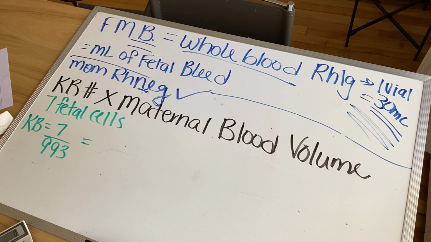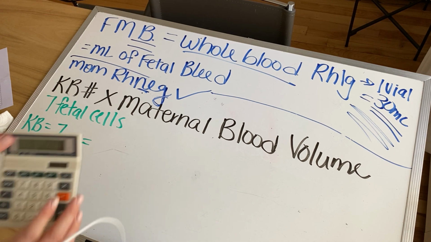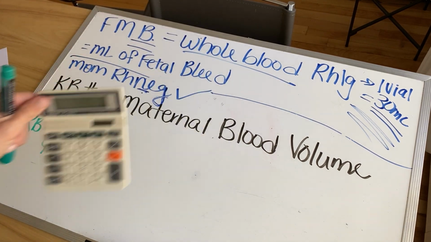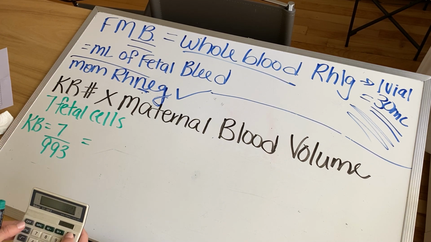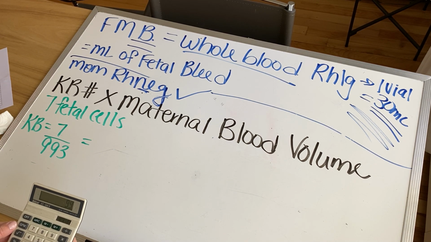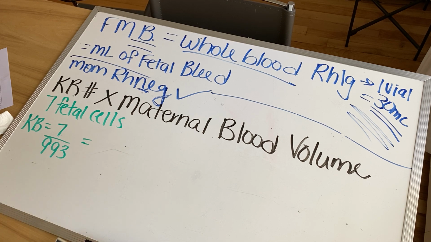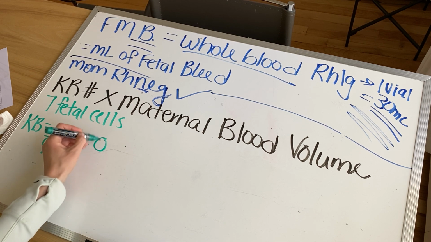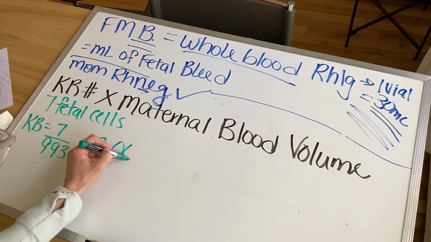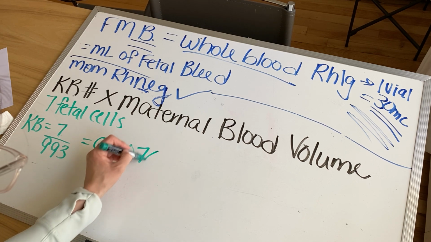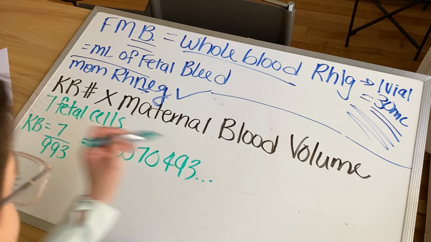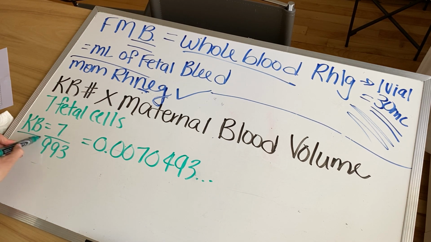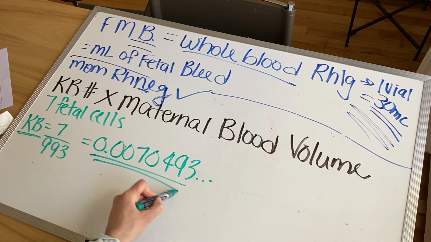I have an old school calculator. Look how cute that is. Okay, so your KB number would be 7 divided by 993, which equals exactly 0.0070493, whatever. So your KB number is this number.